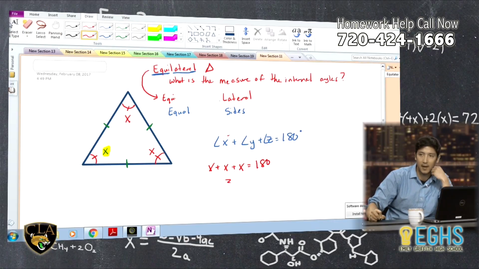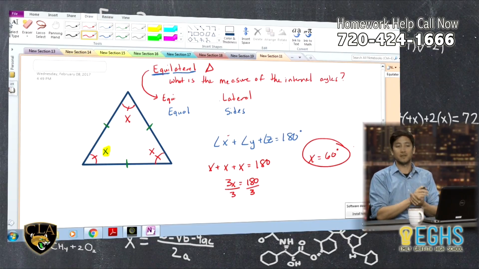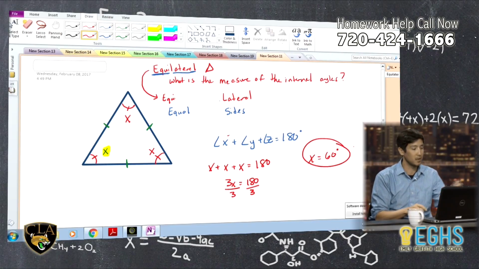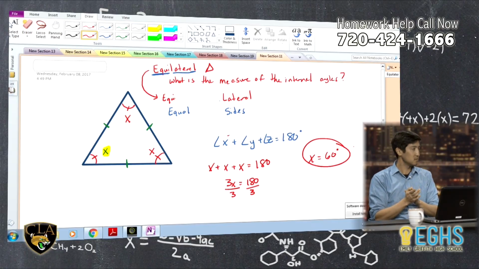Simplify that and you get 3x equals 180, divide by 3, and x equals 60 degrees. This is the measure of every single angle inside an equilateral triangle because they're all equal. Another way I like to think about this, if you ever forget, is that you have 180 degrees to split among your 3 angles.